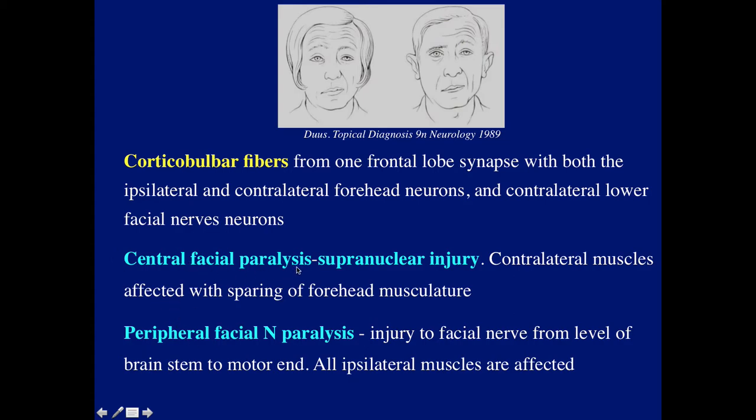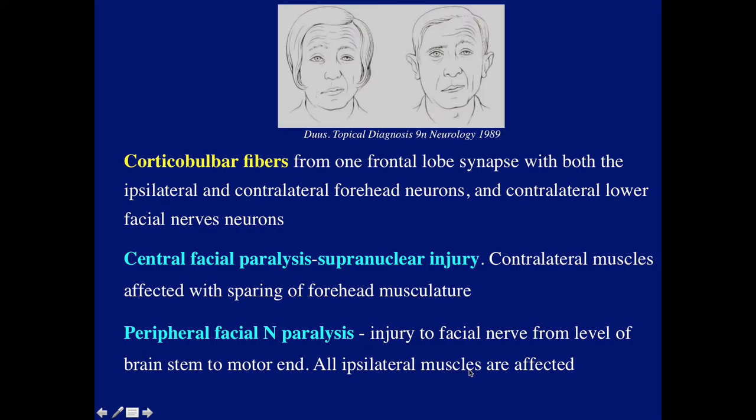There's central facial paralysis or supranuclear injury that affects the contralateral muscle but spares the forehead. So it would be like this patient here who has a palsy, you can see, of the lower face, but the forehead is okay. Then you have a peripheral lesion, which is injury to the nerve from the level of the brainstem to the motor end.